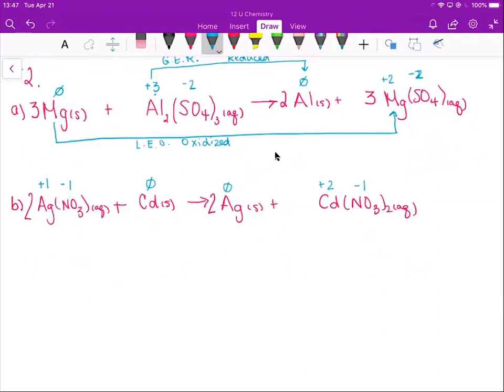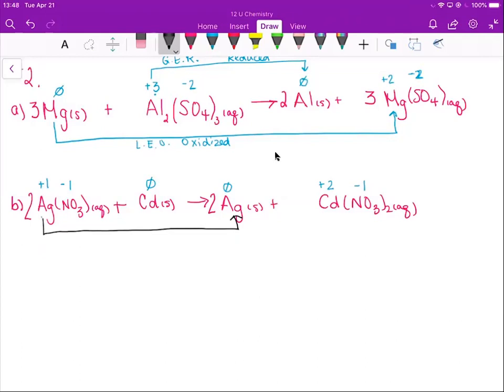So do you see I'm always, in this case, connecting the species that have seen a change in their oxidation number. Let me do it in a different color for this. This one, let's do it in just black. Okay, so nitrate was -1 on the reactant side, it's -1 on the product side, so we don't change anything. Whereas silver, we're going to see how it's going from +1 to 0.